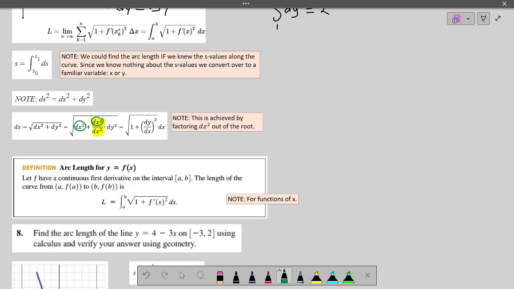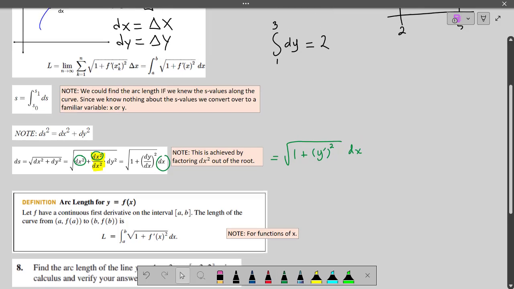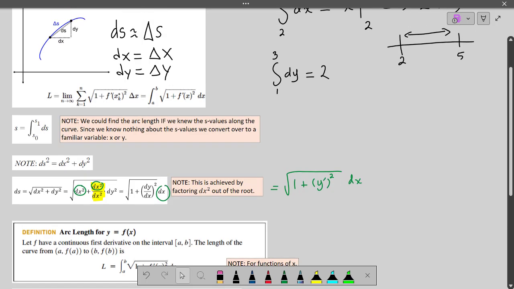And if we pull this dx squared out to create that, then we have dy squared over dx squared, which is (dy/dx) squared. And we'll typically write this as the square root of 1 plus y prime squared dx. That's usually how we'll write it. Now we have a dx on the outside. Once we have a dx on the outside, we can say, okay, what are our x limits?